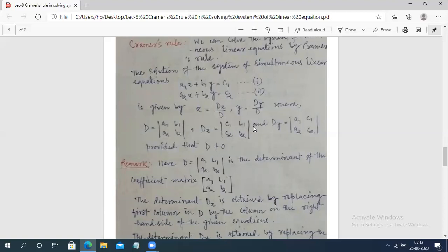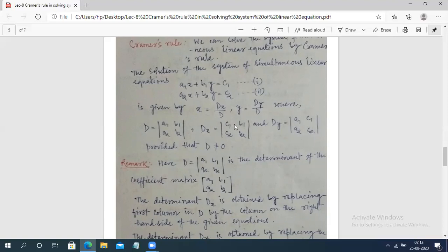And for dy, the coefficient of y gets replaced with the constants on the right hand side, and the first column, the coefficient of x, a1, a2, remains the same. You are changing b1, b2 to c1, c2.